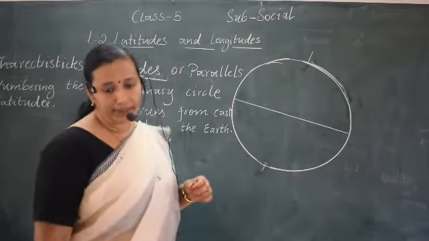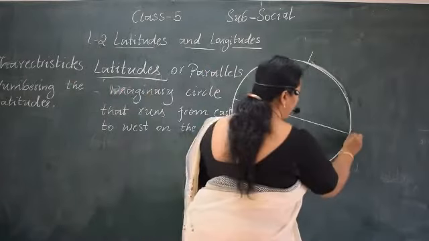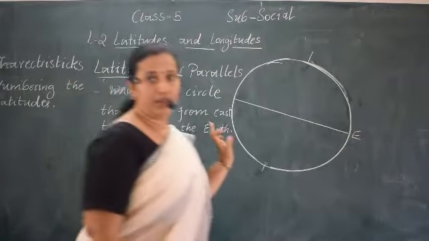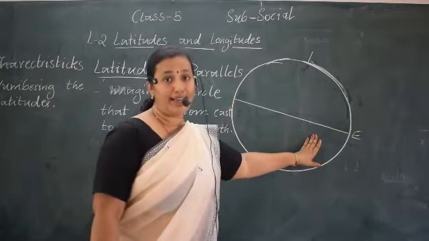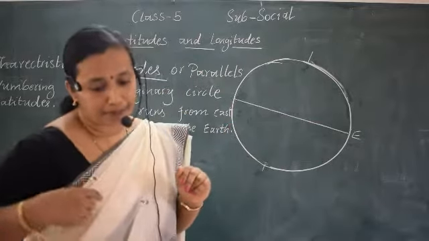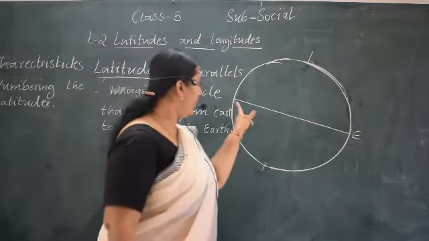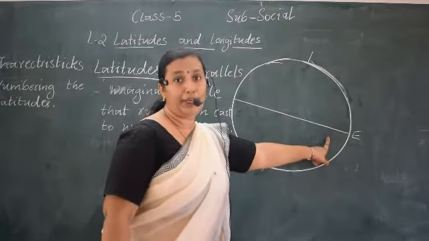The equator is an important parallel. This is the equator line. The equator is also known as the longest latitude, and also the important parallel. This line is known as the equator.